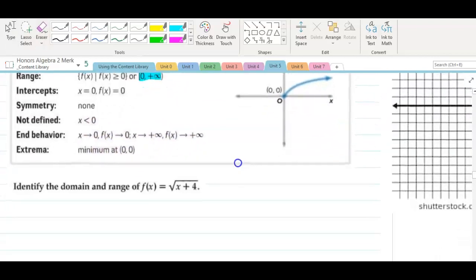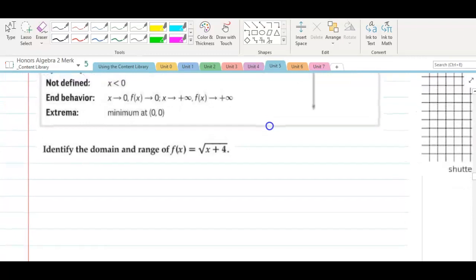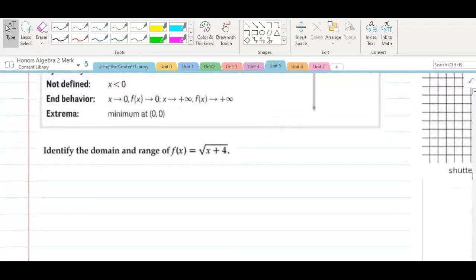All right, let's try to focus on domain and range. Now, to find the domain, we're trying to find possible x values. So we're simply going to look at what's under the radical and think about what that means. If something is under a square root, it must be positive. This yellow bit must be bigger than or equal to 0.